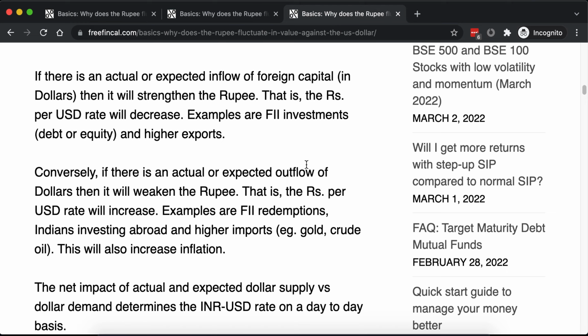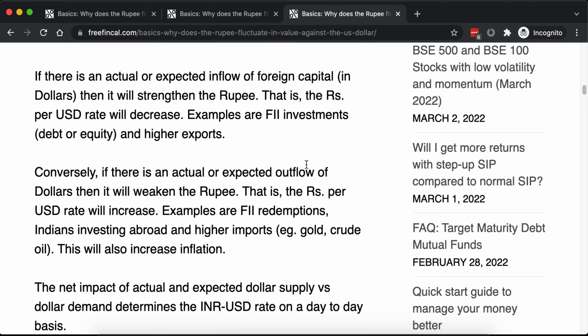So when there are FII redemptions or Indians investing abroad, for example, when we invest in Parag Parikh Flexi Cap and so on, or buy some international ETF, or there are higher imports, we increase the imports of gold, or the crude oil prices increase, or the amount of crude oil we import increases, then the rupee will become weaker.